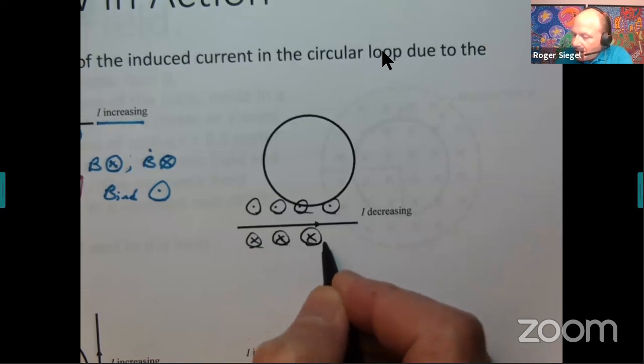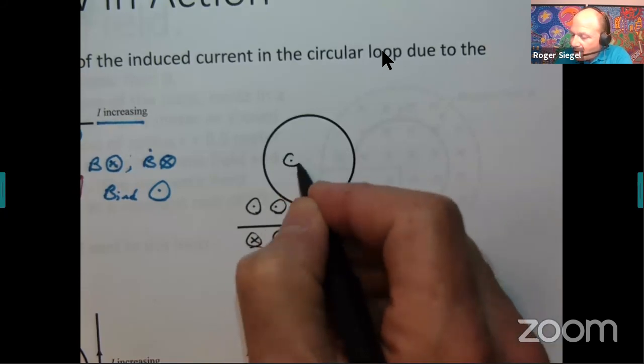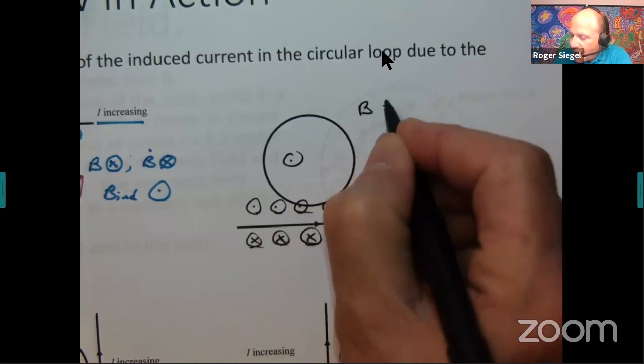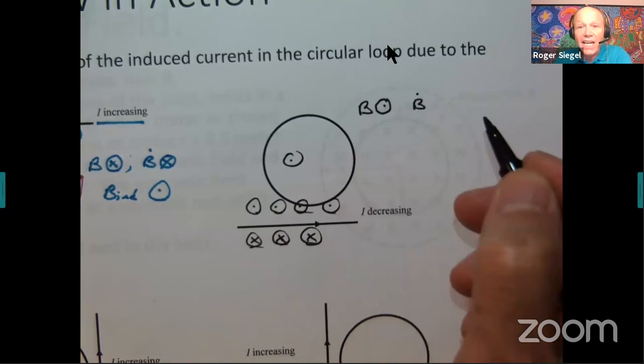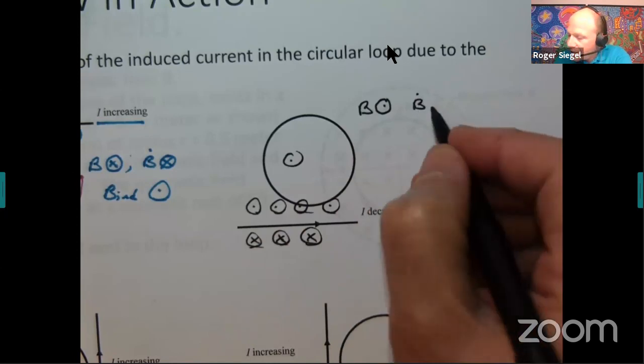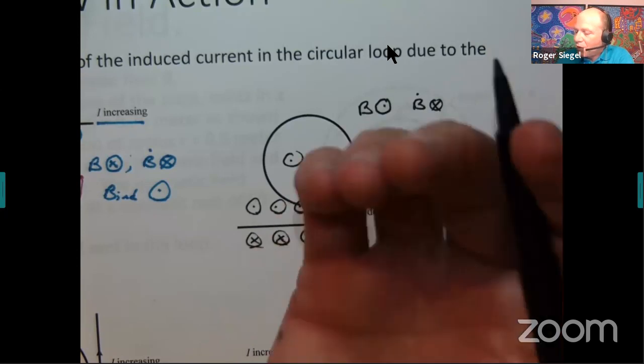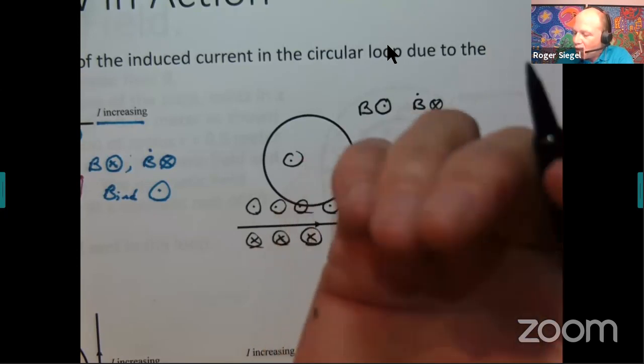Now, in here, I have a B field that is out of the page, but the B dot, the change in B, is into the page. It's the opposite of that because the field is coming out of the page, but it's getting smaller.